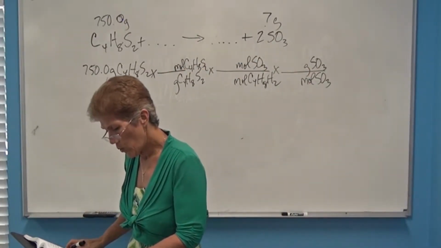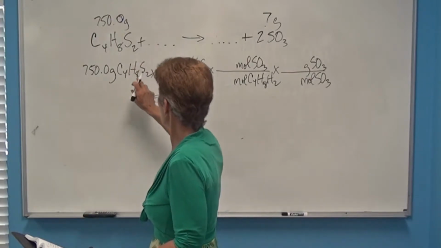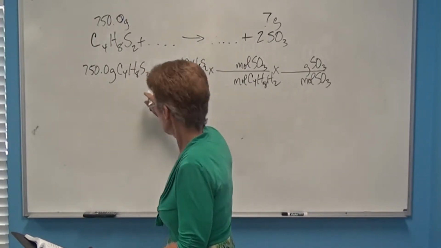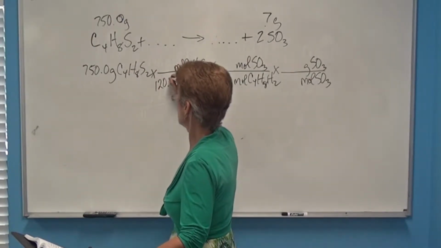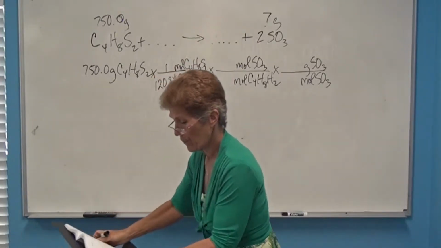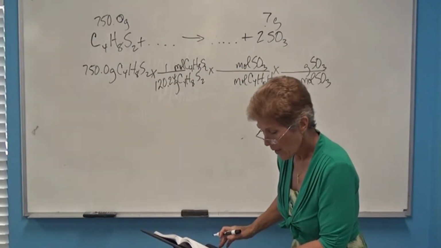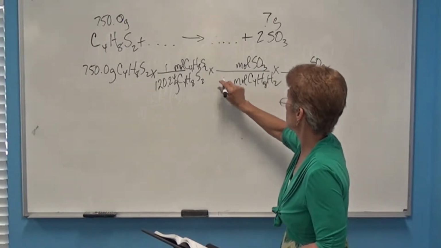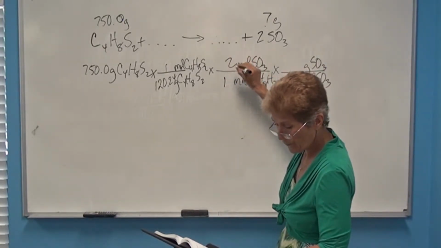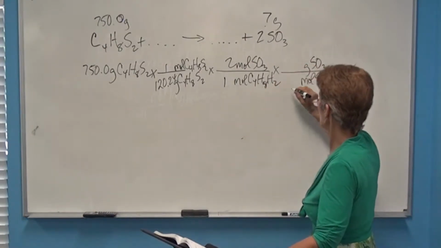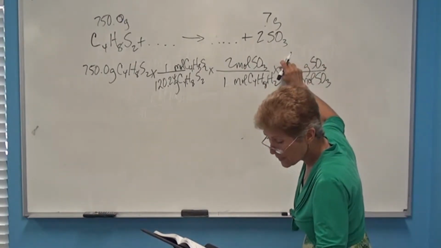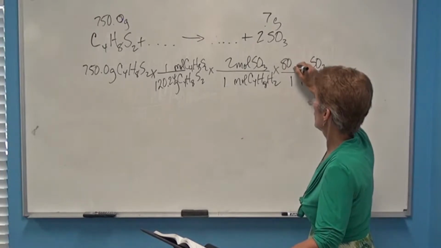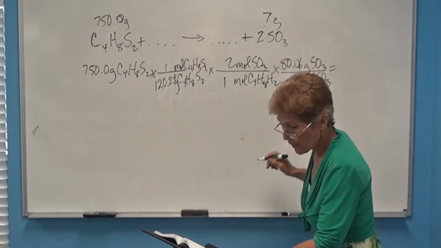And so let's put the numbers in. This monster is 120.24. And then, let's see, this gets a 1, this gets a 2. And then this gets a 1, and this is 80.06.